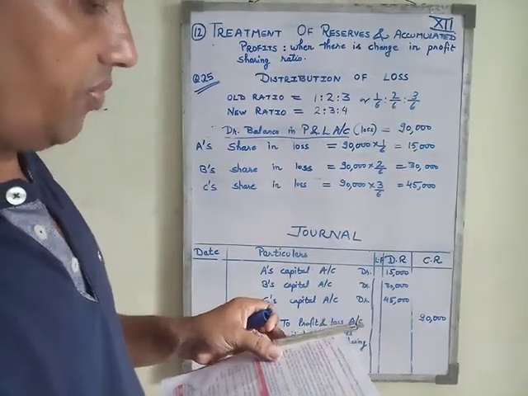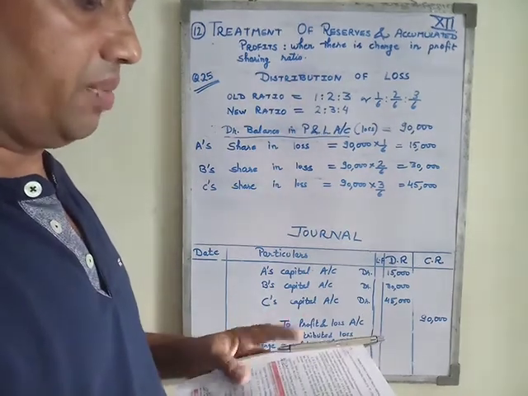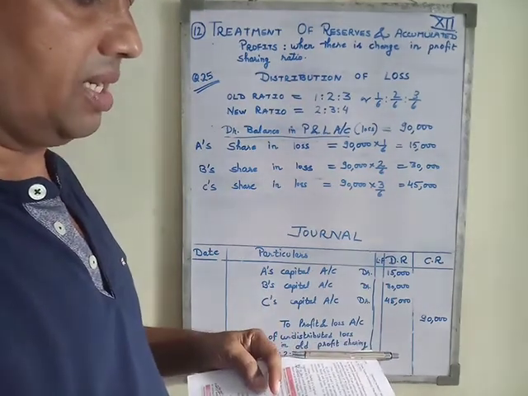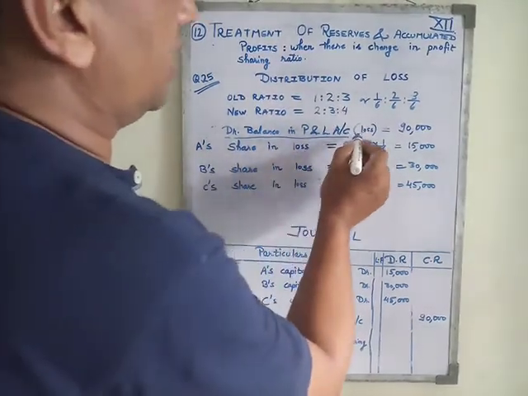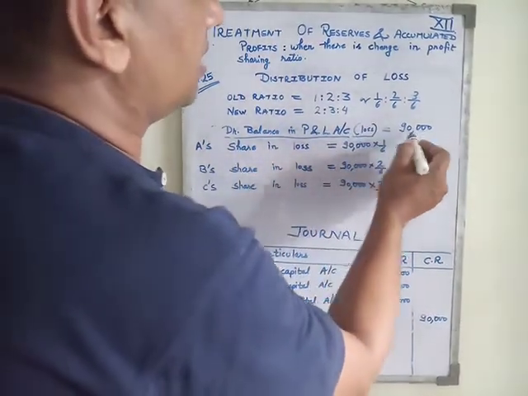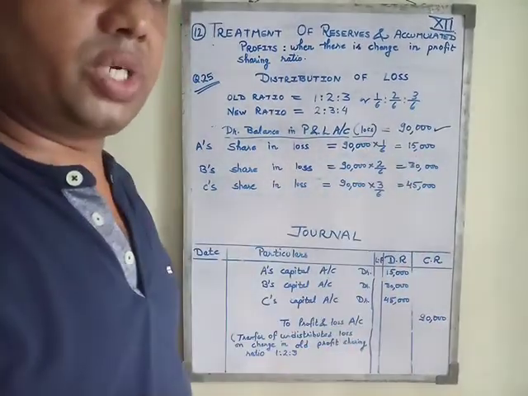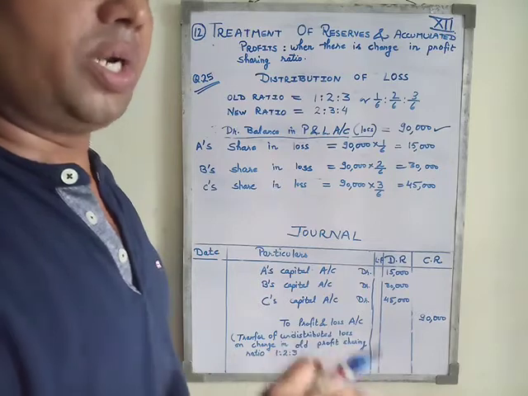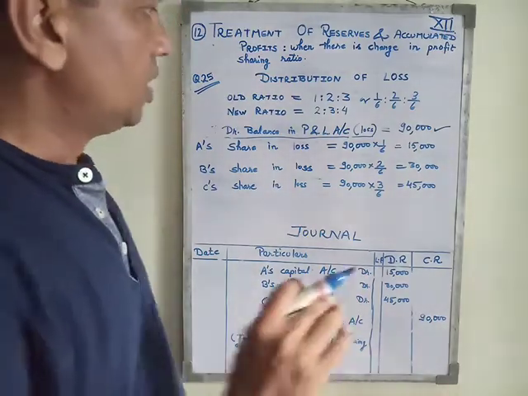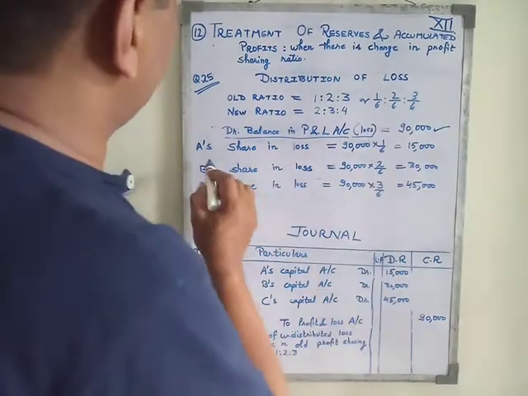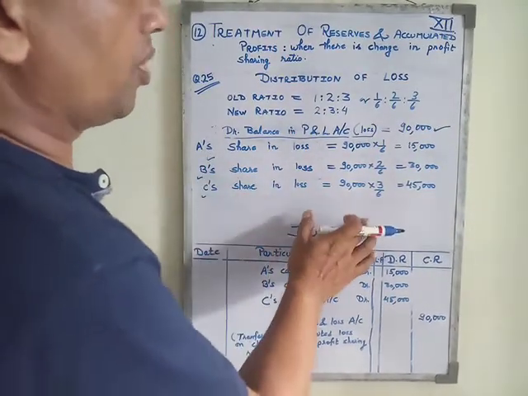On that date, profit and loss is disclosed as a debit balance of 90,000. So the debit balance of profit and loss is a loss, and that is 90,000. This 90,000 is distributed among the old partners in the old ratio in the change of profit sharing ratio. So this 90,000 is distributed between A, B and C in their old profit sharing ratio.